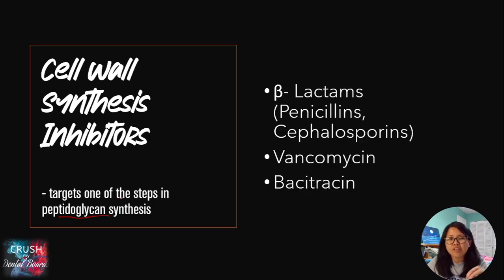Because it affects cell wall synthesis, this type of antibacterial drug would be effective against bacteria with cell walls. Examples are your beta-lactams, which we know more commonly as your penicillins and your cephalosporins. Then we have vancomycin and bacitracin. So these are the three types of antibacterial drugs inhibiting cell wall synthesis.